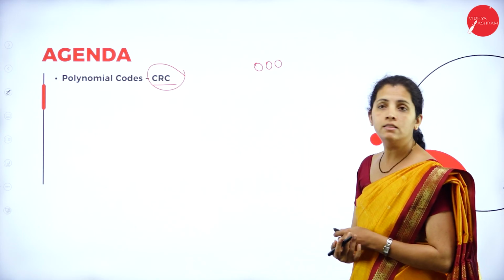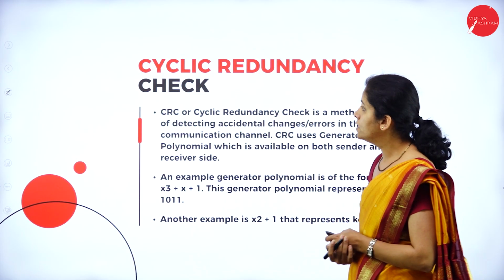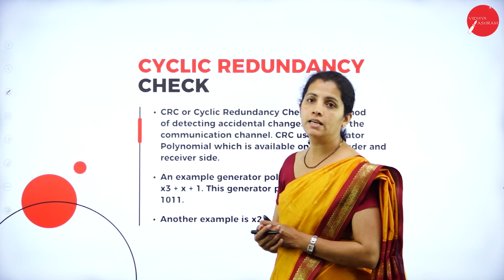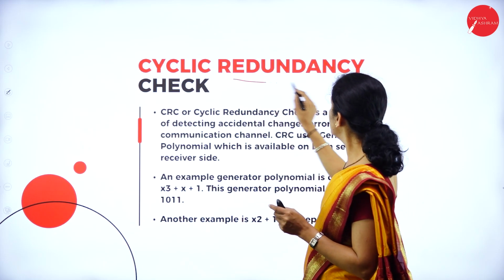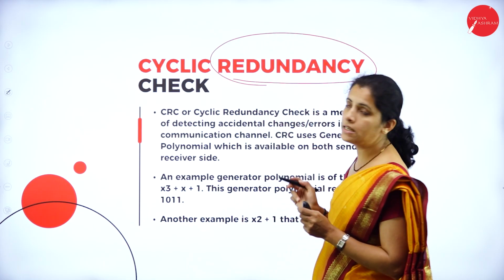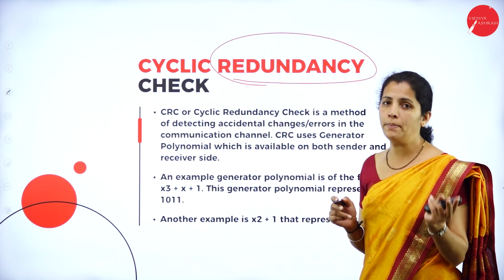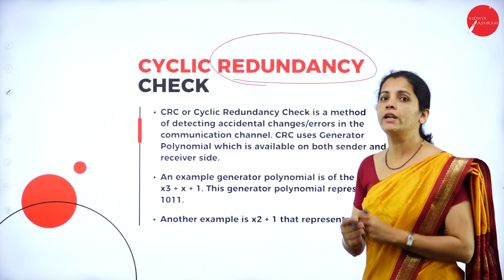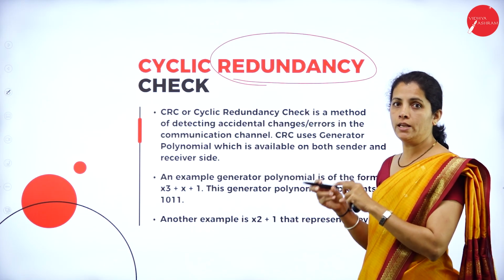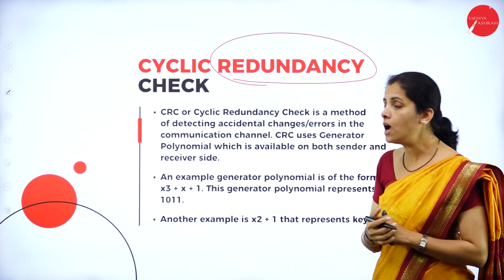Let's see the CRC. So what is CRC? That is cyclic redundancy. So what is this redundancy? That's nothing but the redundant bit. Redundant bit in the sense, an extra bit I'm going to include along with my data bit.